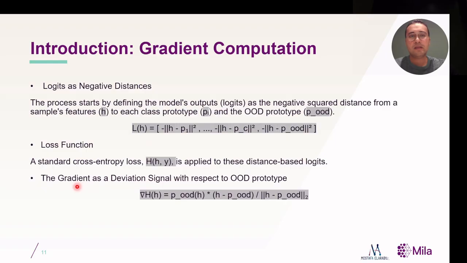A closed form of our gradient with respect to that OOD reference point will be something like direction and magnitude. Your magnitude will come from the softmax probability of that OOD prototype, and this is the direction. In that case, it will give you richer information than just using the gradients with respect to the model weights or just using the distance in the feature space.